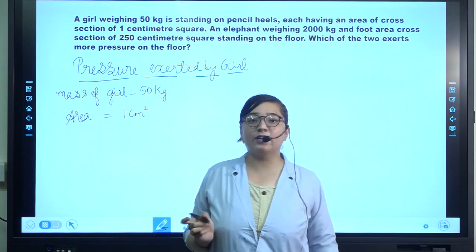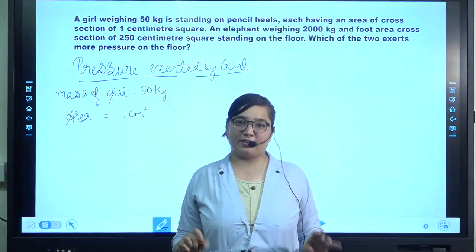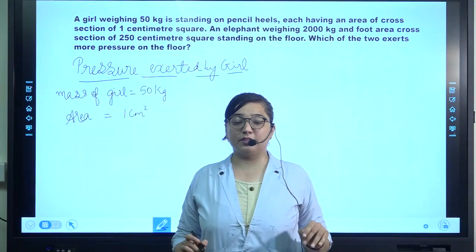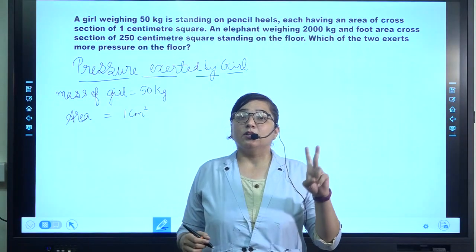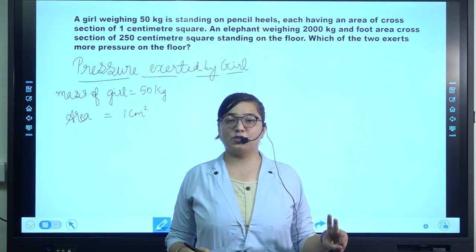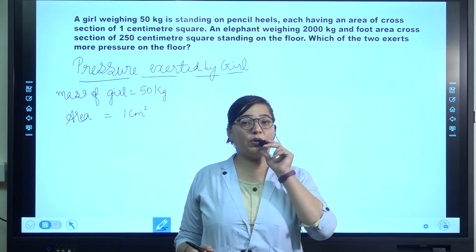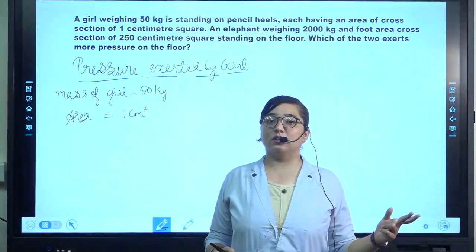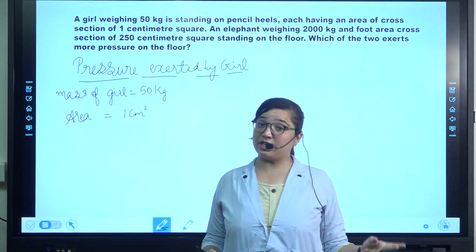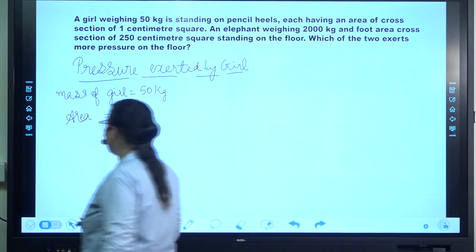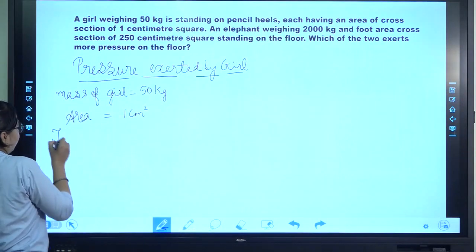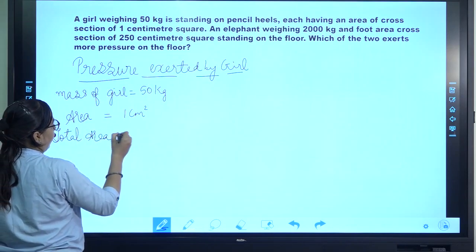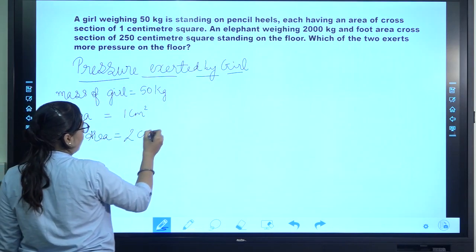Girl is having how many legs? 2. Assuming that she is not lame. So, 2 pencil heels she is wearing. So, total cross sectional area of the 2 pencil heels will be 2 centimeter square.